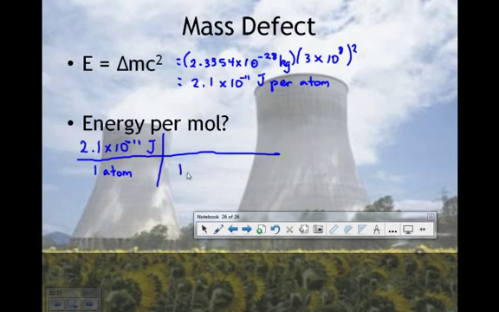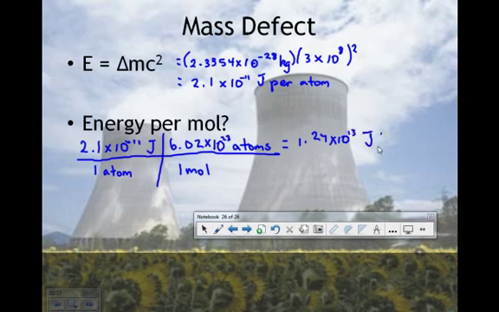And in 1 mole, how many atoms are there? You got it. Avogadro's number, 6.02 times 10 to the 23rd atoms per mole. Now we're getting to some big numbers, aren't we? So that's going to be equal to, get your calculator going, 1.27 times 10 to the 13 joules per mole.